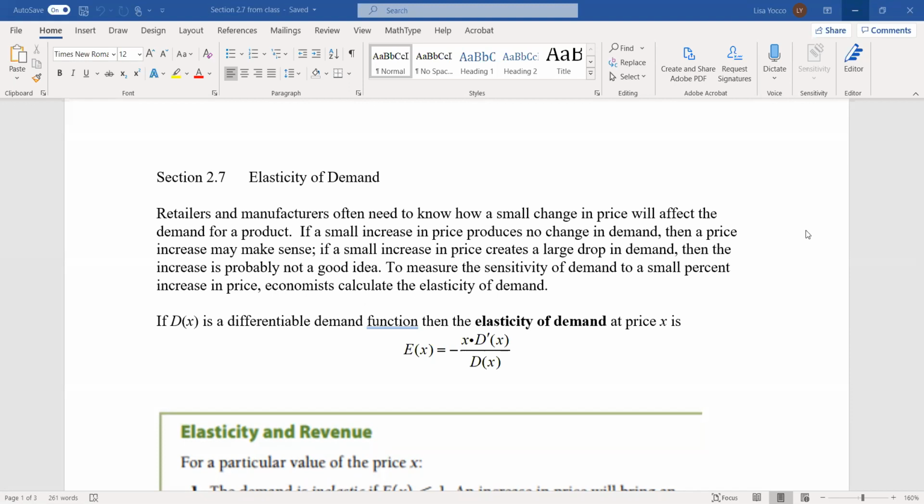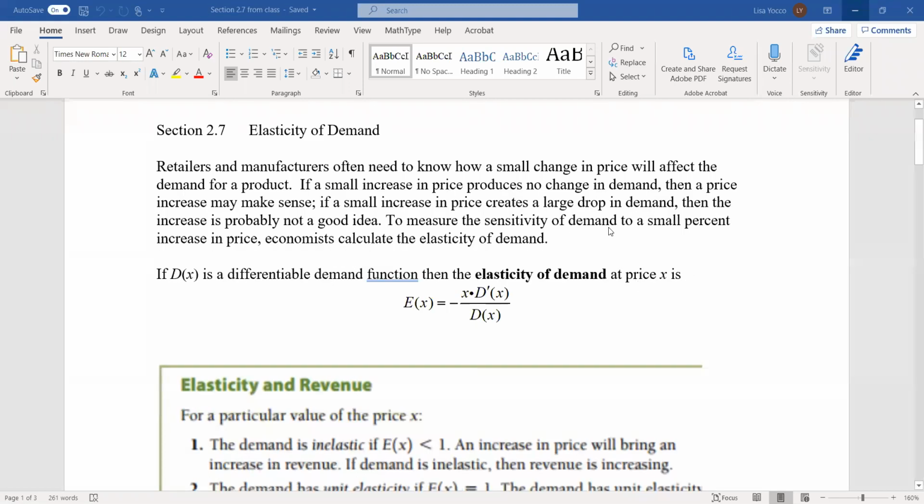If a small increase in price produces no change in demand, then a price increase may make sense. But if a small increase in price creates a large drop in demand, then the increase is probably not a good idea. To measure the sensitivity of demand to a small percent increase in price, economists calculate the elasticity of demand.